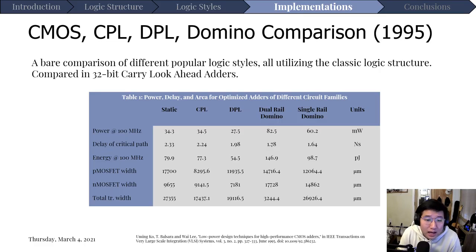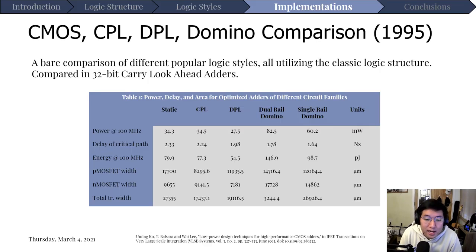The total transistor width is much larger than CPL and DPL, while slightly larger than static. If we compare static CMOS to CPL and DPL, power-wise, static and CPL perform around the same, although CPL can have a little bit of a shorter delay. But for CPL, the real bonus is in the speed as well as the transistor width. The CPL transistor width is much smaller than static, so it takes up a lot less area.